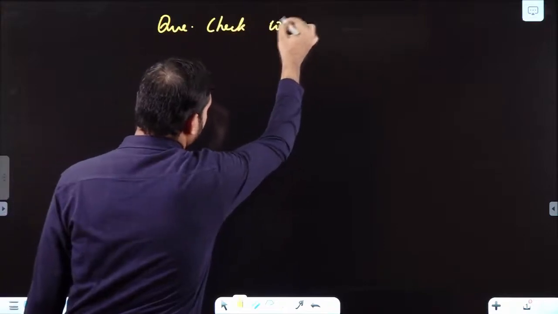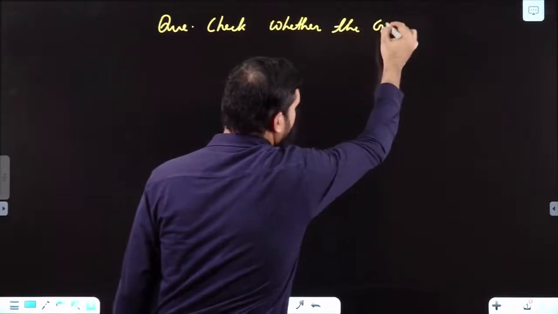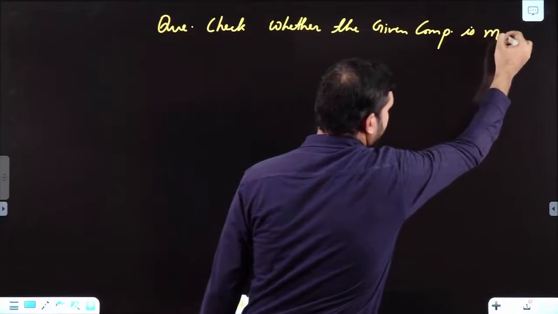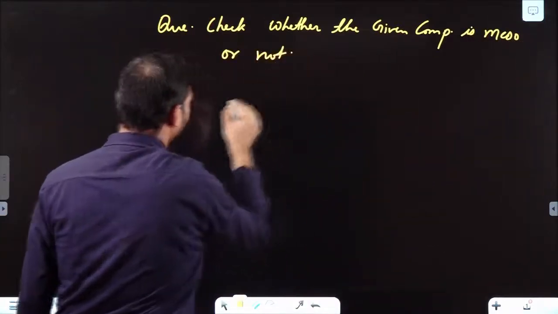Check whether the given compound is meso or not.